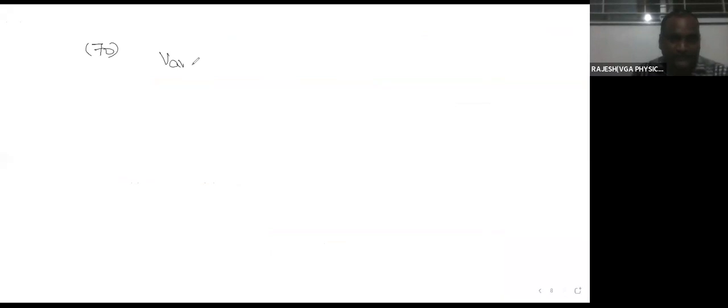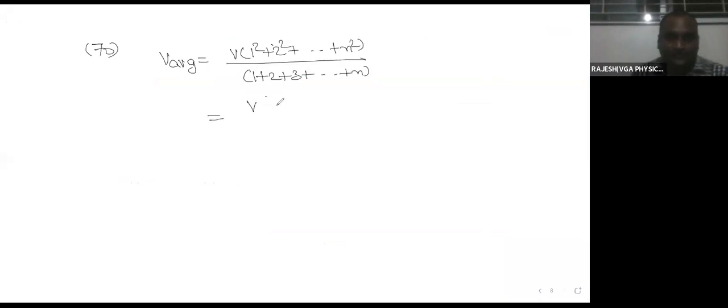So V average is equal to V times 1 square plus 2 square, so on up to n square, because V into T. Times are in the ratio 1:2, that means 1 plus 2 plus 3 plus so on up to n. So what is sum of squares of first n natural numbers? n of n plus 1 of 2n plus 1 by 6.